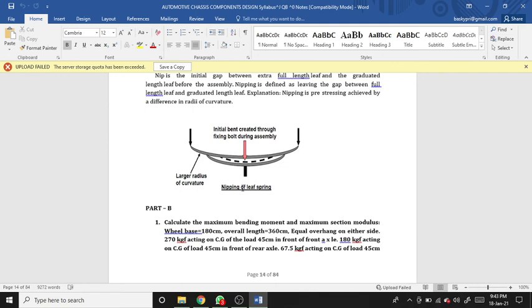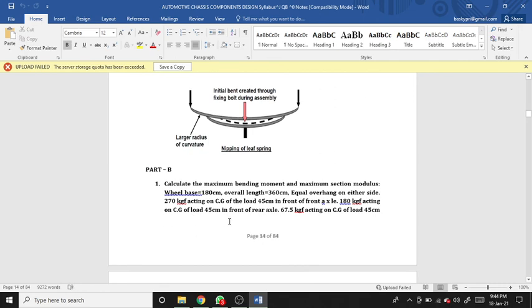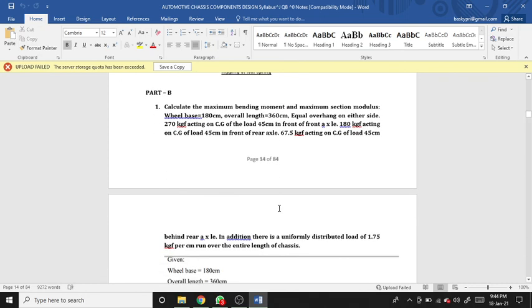The wheelbase is 180 centimeter and overall length is 360 centimeter, with equal overhang on either side. 270 kgf acts on the center of gravity of the load, 45 centimeter in front of the front axle. 180 kgf acts on the center of gravity of load, 45 centimeter in front of the rear axle. 67.5 kgf acts on the center of gravity of load, 45 centimeter behind the rear axle.